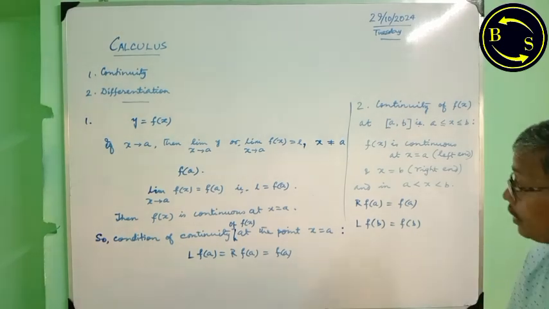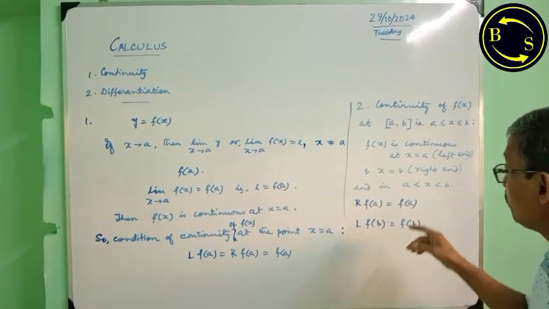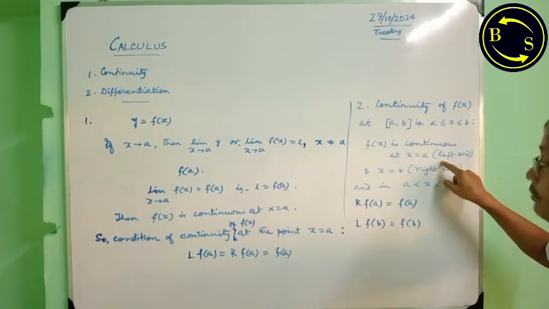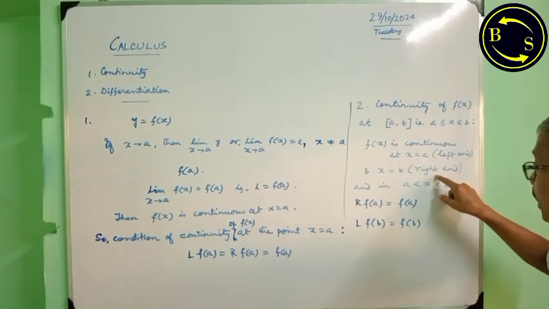Then the function f(x) will be continuous at the two ends, at left end and at right end.